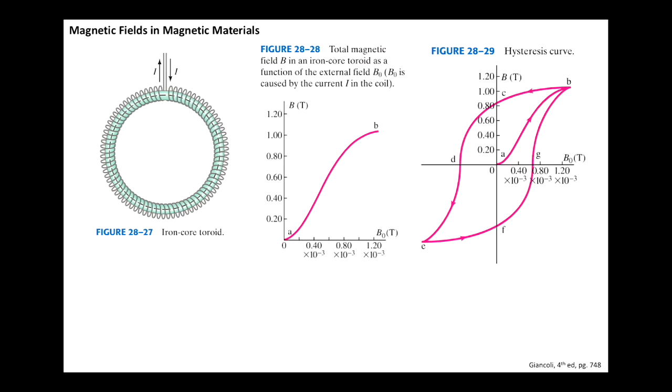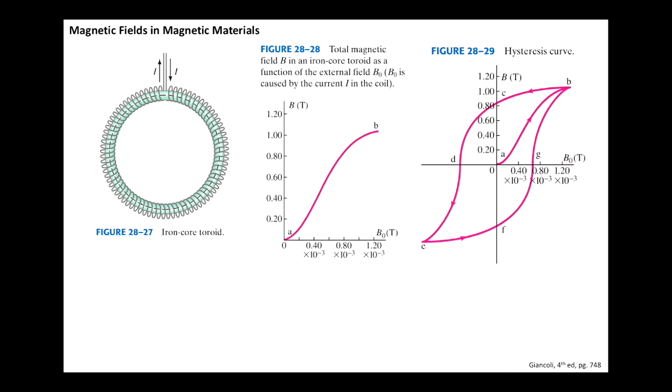So what we're doing is we're taking a ferromagnetic material and putting it in the toroid or in a solenoid, and we're letting the solenoid or toroid create the external magnetic field that serves to cause alignment in the ferromagnetic material. And then all of a sudden I have a magnetic field coming from two places, from the current in the wire and also from the alignment of the magnetic domains in the ferromagnet. So both of these are happening simultaneously.